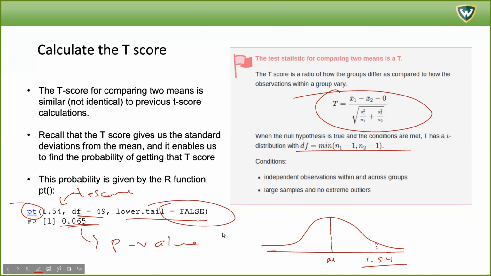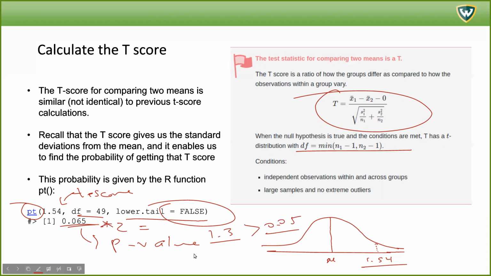So we need to multiply this number by 2, which increases it even more, to 0.13 or something like that. And that's definitely much higher than 0.05, and therefore we fail to reject the null.